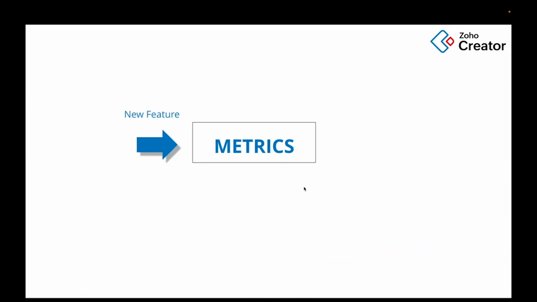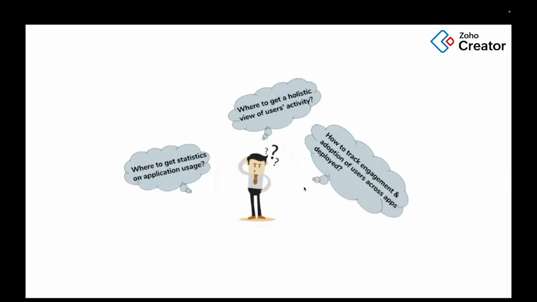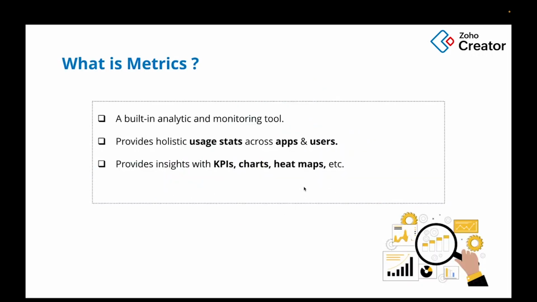So we will start by understanding metrics. Have you ever wondered where to get the statistics on application usage, or where to get a holistic view of user activity and how to track engagement and adoption of users across applications deployed? In order to answer all these questions, we have metrics in Creator.